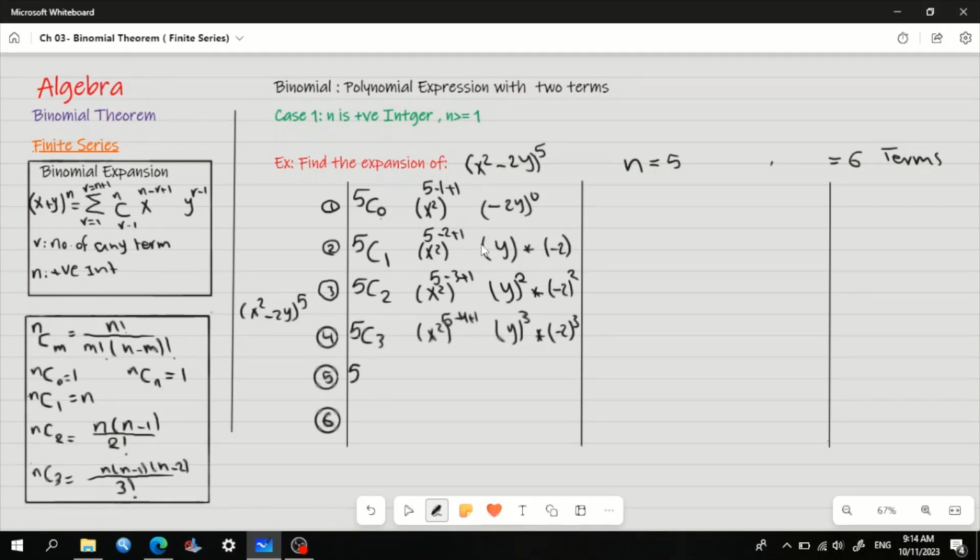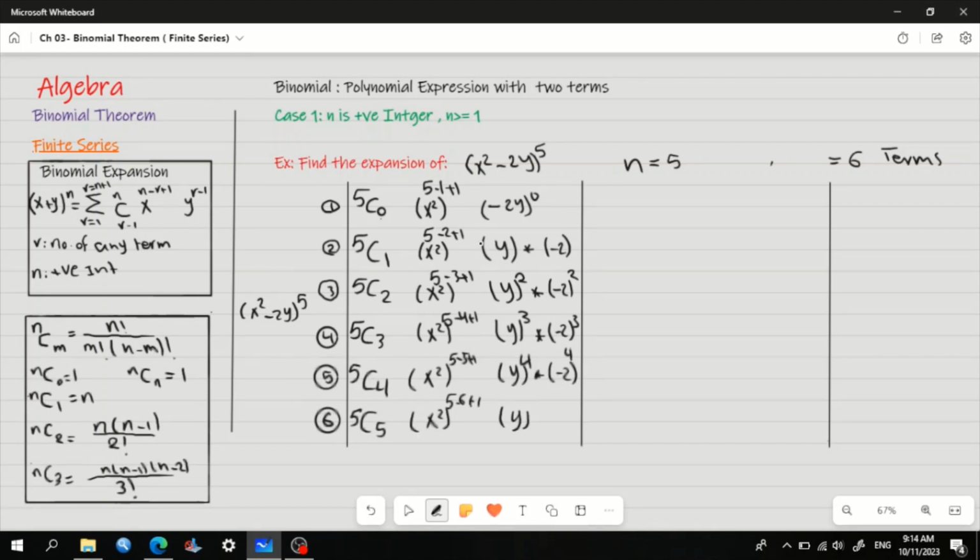Okay, 5 combination 4, x squared 5 minus 5 plus 1, y power 4 and negative 2 power 4. 5 combination 5, x squared 5 minus 6 plus 1.